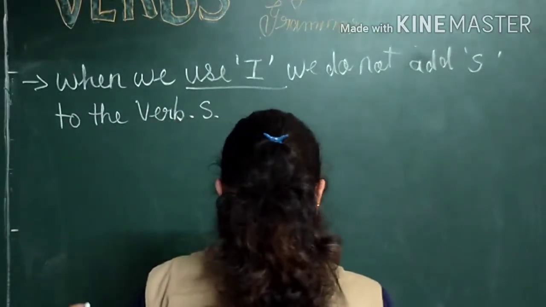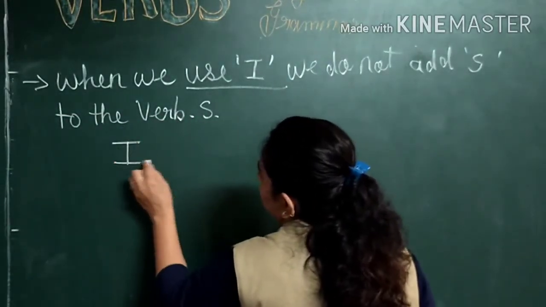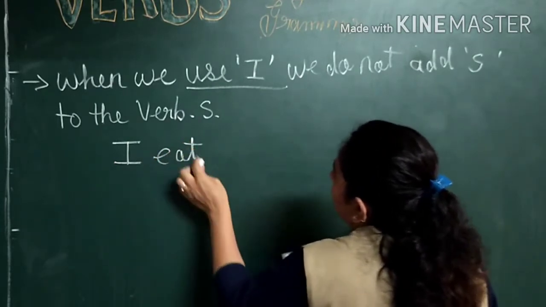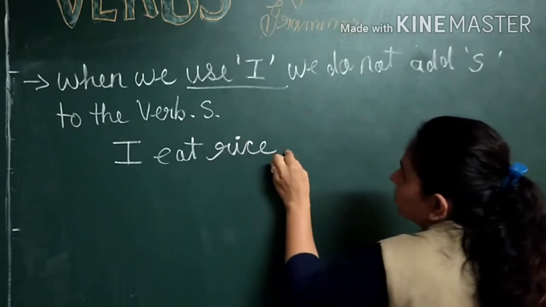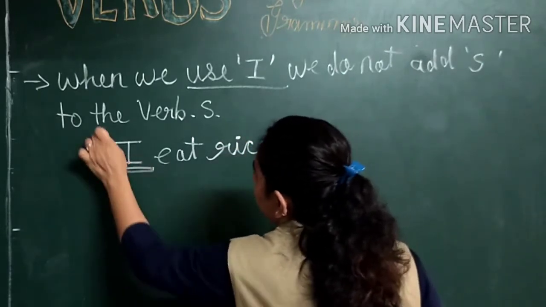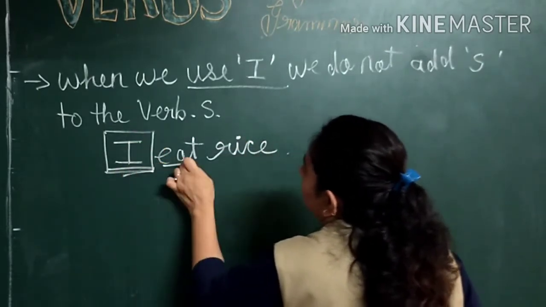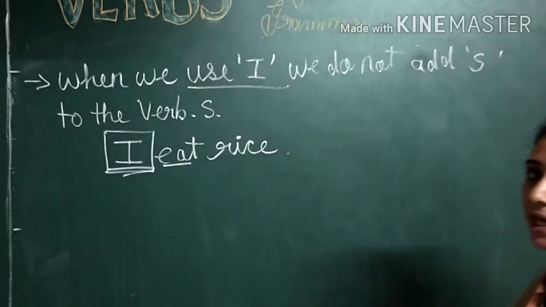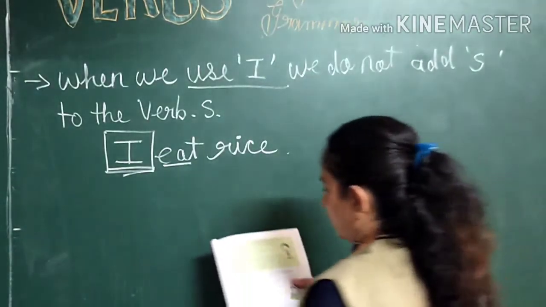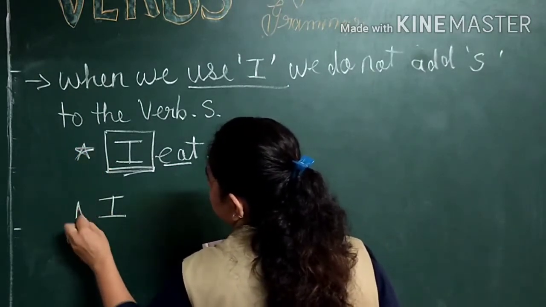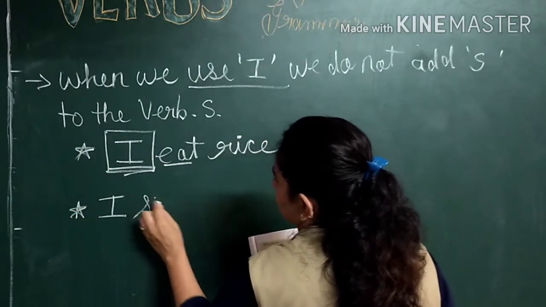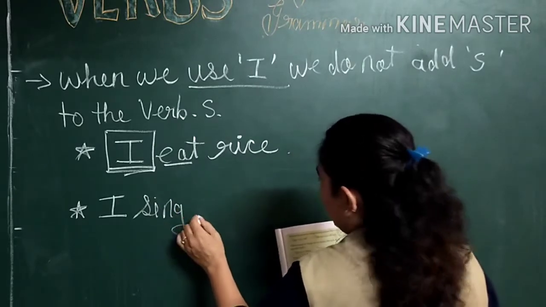Like the examples are: I eat rice. Here I am talking about myself, right? मैं खुद की बात कर रही हूँ तो मैंने verb में यहाँ पे s नहीं लगाया है. Understand? Another example is: I sing well.